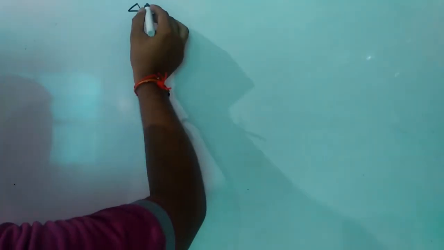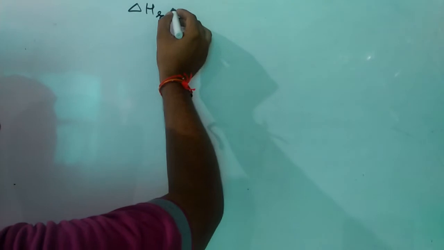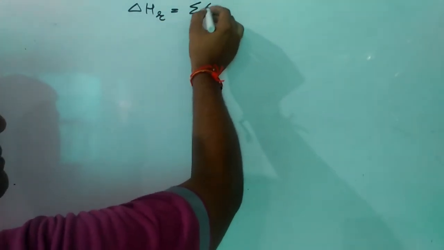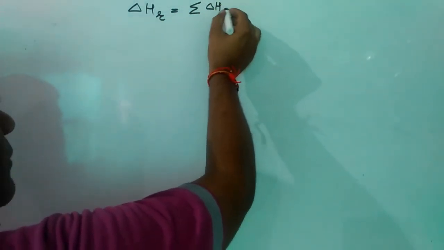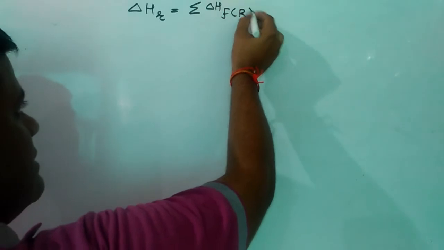Now, after this, we have to discuss the enthalpy of reaction in terms of enthalpy of formation. The enthalpy of reaction delta HR should be equal to the summation of enthalpy of formation of products minus the summation of enthalpy of formation of reactants.